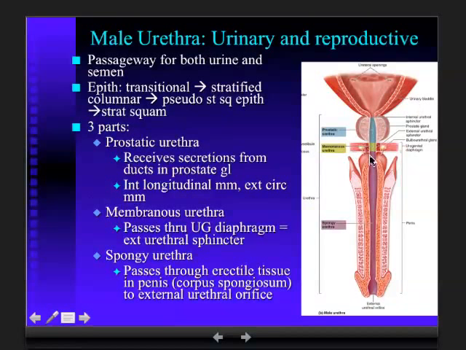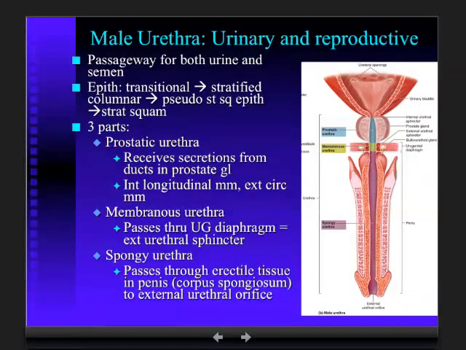Then finally the spongy urethra, which passes through one of the 3 bodies of erectile tissue, the corpus spongiosum in the penis, that allows both drainage of urine and ejaculation of semen.